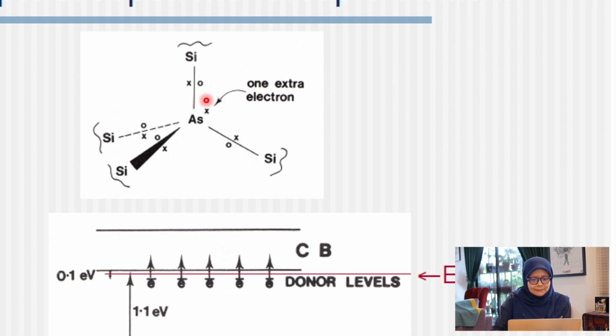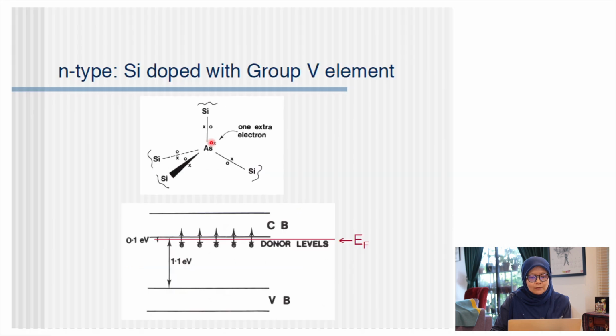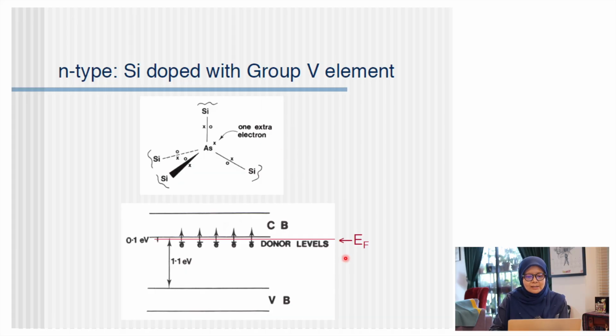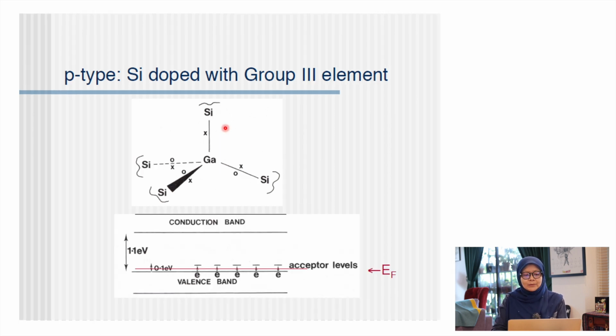In this N-type, it has 1 extra electron, and this extra electron is the main actor that conducts electricity. So the N-type is also called donor impurities, compared to the P-type.